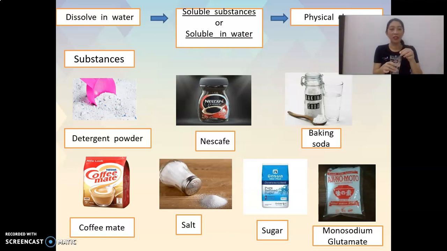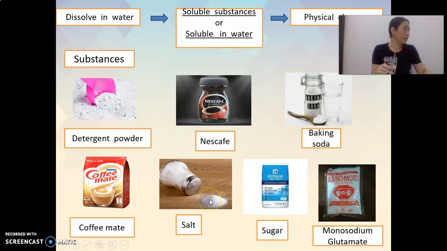When you add it into water and stir, this is dissolved in water and soluble in water. Then number 4 is coffee mate. When you put coffee mate into water and stir, this is dissolved in water, soluble in water.